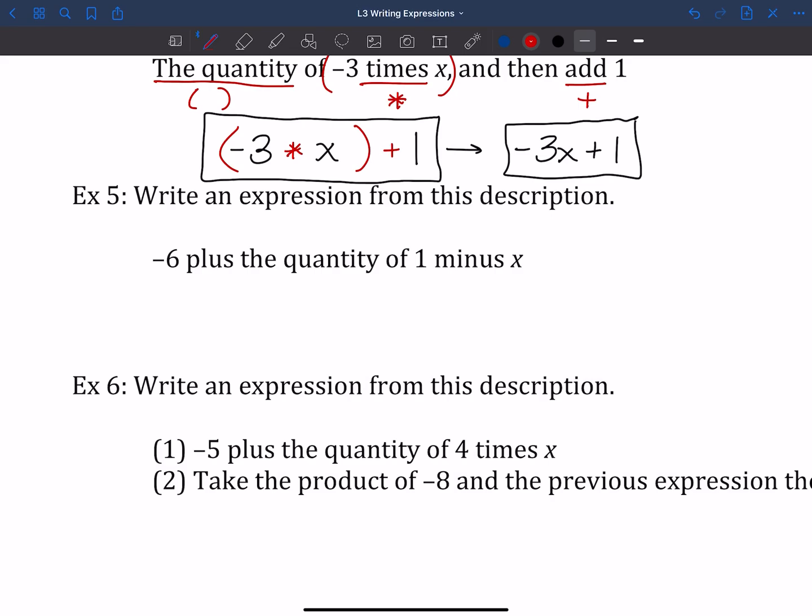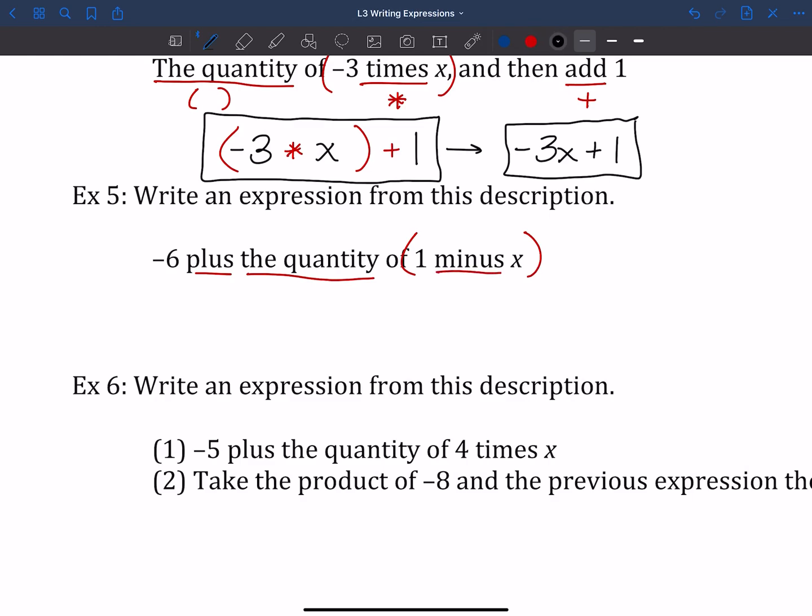All right, so hopefully you've done that. So here, again, looking for keywords, -6 plus the quantity of 1 minus x. So again, the quantity of is making me think that it goes right around those two things. So 1 minus x.